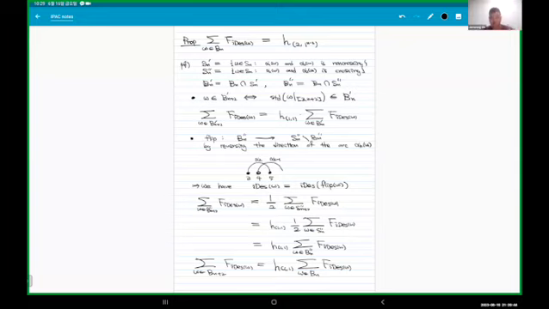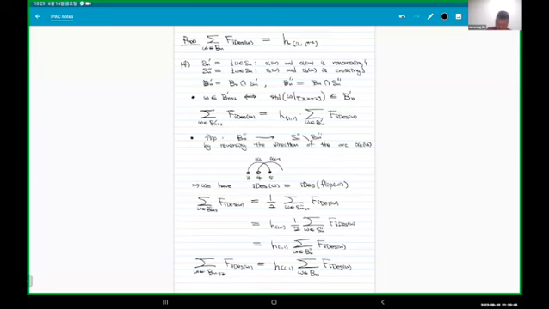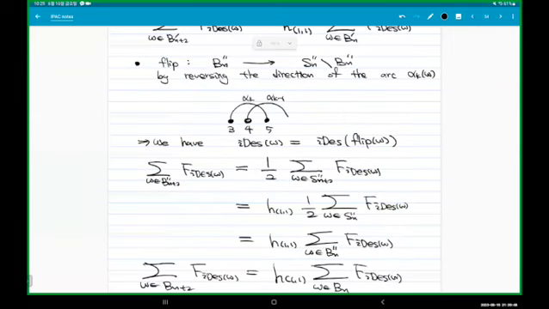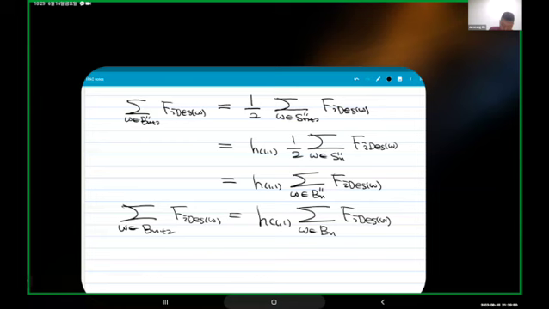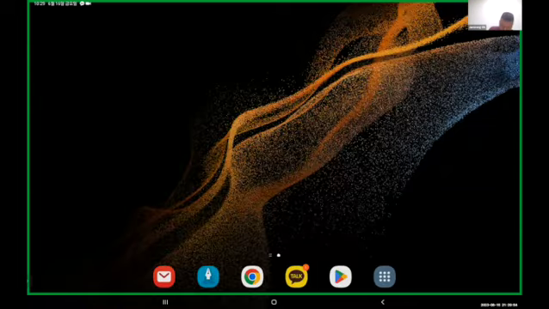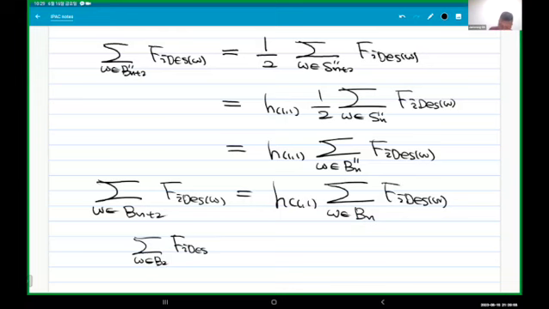Oh, the initial case is B2 f inverse descent. I should have written that.